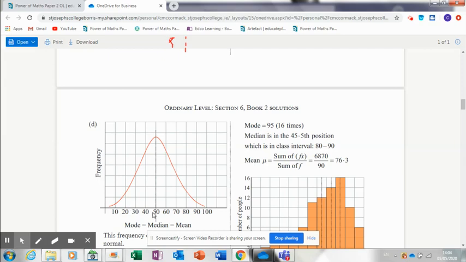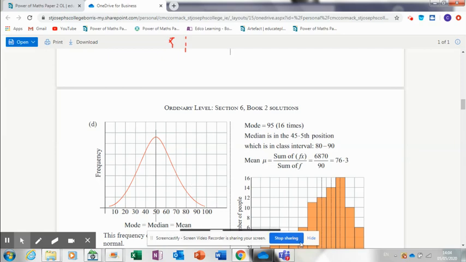The frequency, that's D here. And again, what am I asked to do? Because it's a normal distribution, my mean, my mode, and my median will always all be here in the middle, right? It's going from 0 to 100, so there at 50, my mode, my median, and my mean, because it's approximately normal.